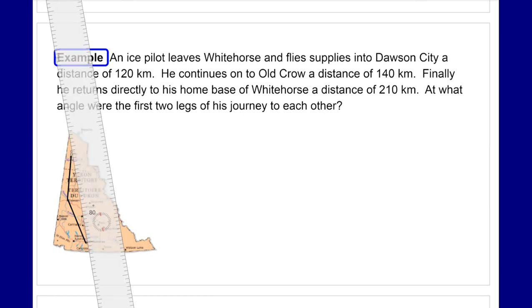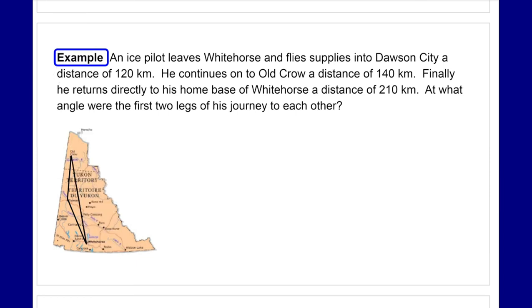It's a small triangle, so a little difficult. There we go. So we want to know at what angle were the first 2 legs of his journey to each other. So essentially what we're looking for is, what is this angle here?